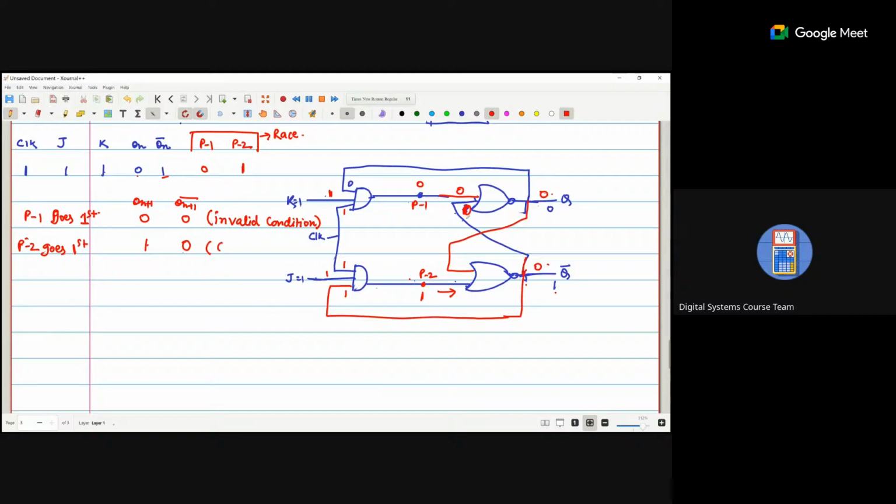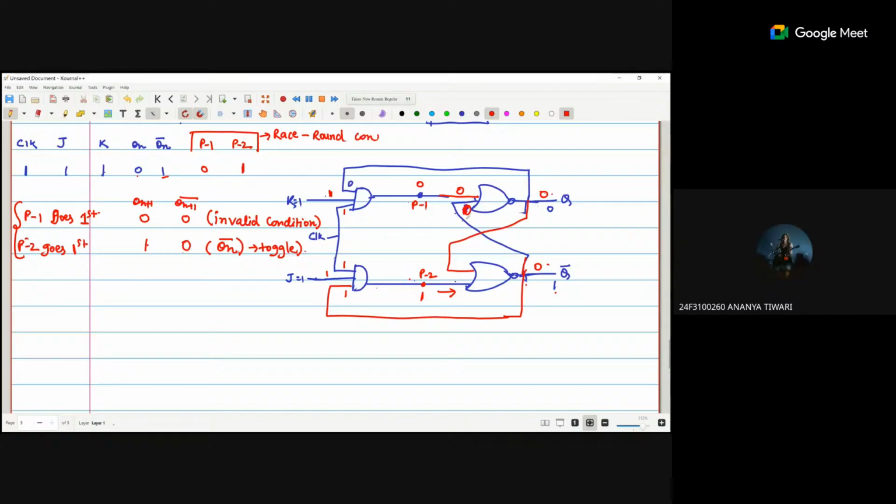So we say it is just opposite to the Qn, or toggle condition. The thing is that whichever point goes inside first, on the basis of that the output is decided. So basically a race between point 1 and point 2, which goes first. That's why it is called the race round condition.